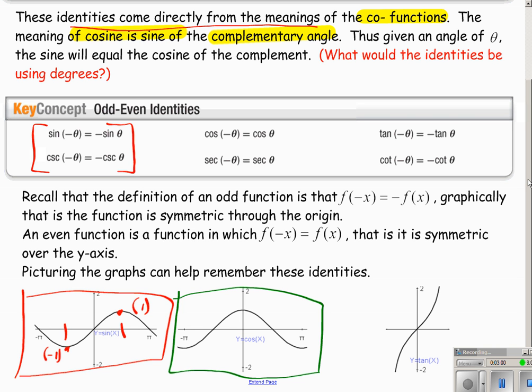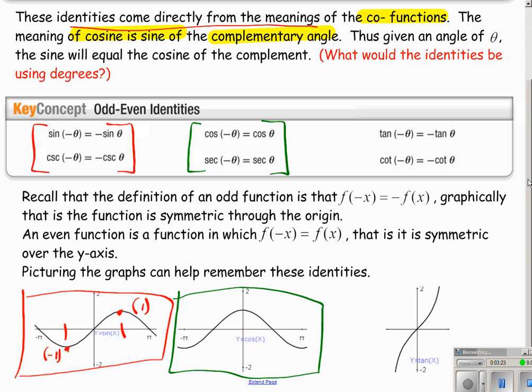So that tells us that it is an even function, and when we take the cosine of a negative angle, we'll get that it's the same as the cosine of the positive angle. Likewise with secant, secant of negative theta is secant of theta.